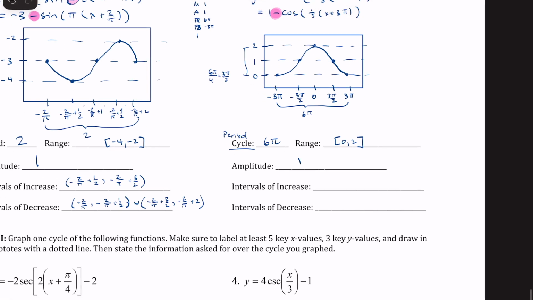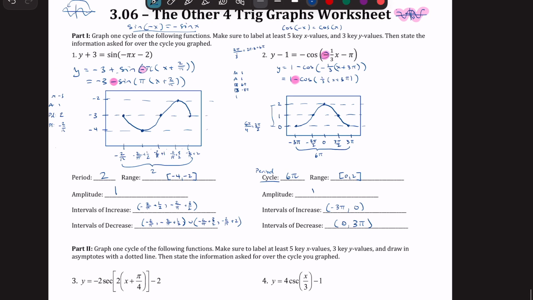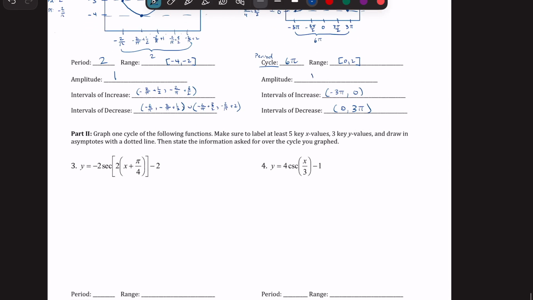I'm increasing from here to here, so from -3 pi to 0. So we increase from -3 pi to 0, and then we decrease from 0 to 3 pi. Cool. So that is how we graph those.